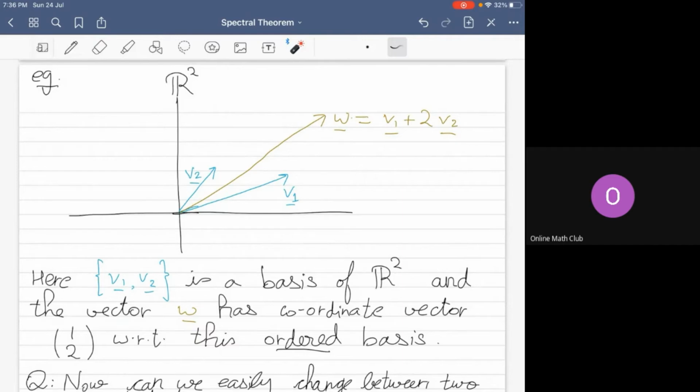For example, let's say T sends W to V1 plus V2. Let's say this is T of W, which is V1 plus V2. Then what our matrix M would do is send the coordinate vector 1, 2 to 1, 1.